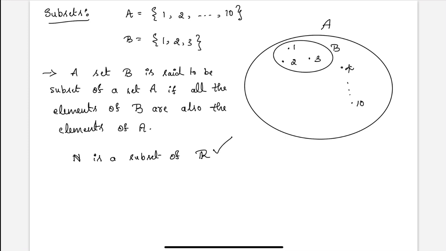The notation for subset is this. This is basically "contained in". We say B is contained in A. When B is a subset of A, we say B is contained in A.